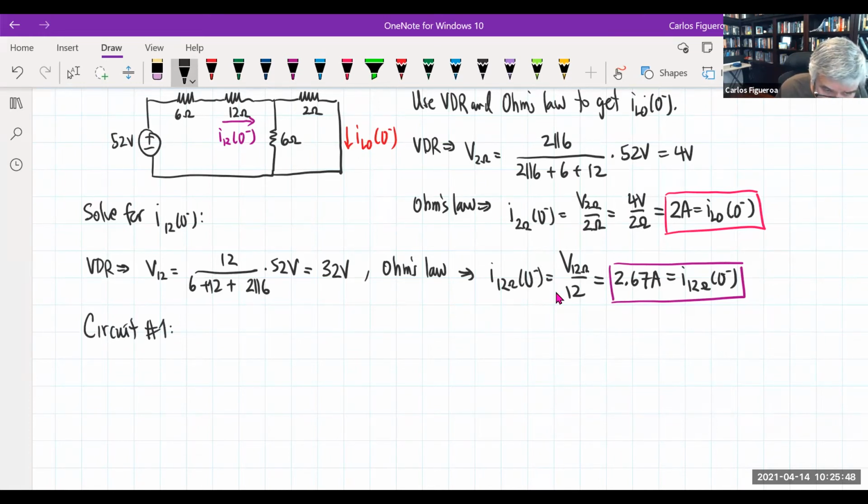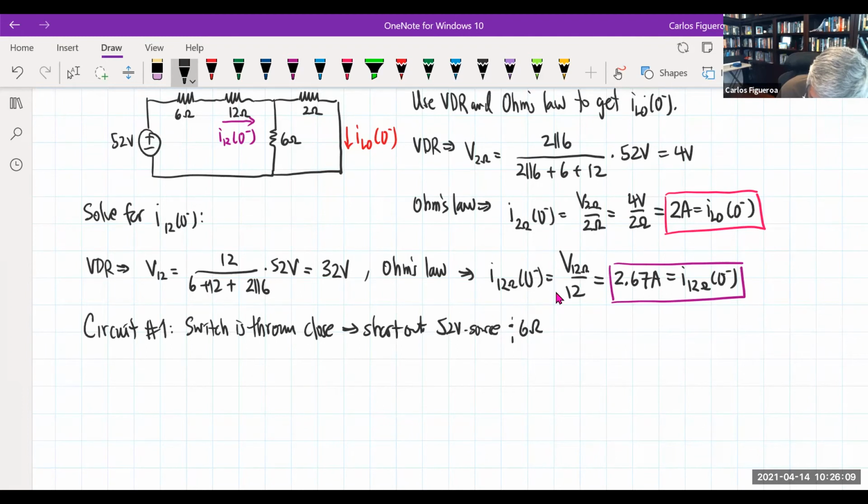And what I see here is that the switch is thrown, closed, which implies that you short out the 52 volt source and one of the 6 ohm resistors.